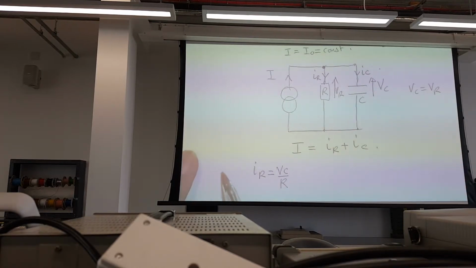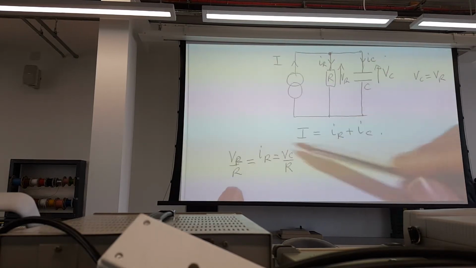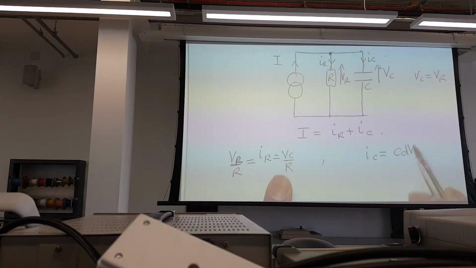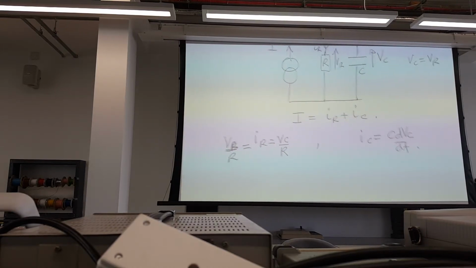So you could say that VC over R equals IR, which equals VR over R. VR over R equals IR, and because VR equals VC, that's VC over R. Have we got that? And we can also write that IC equals C dVC by dt, just like before. So those equations still apply.